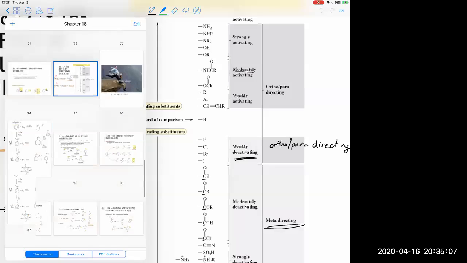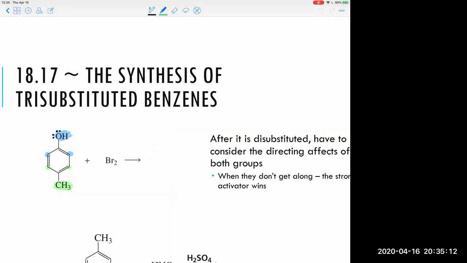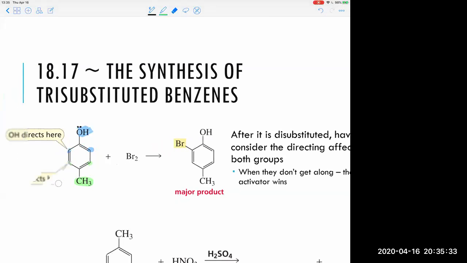So in our example here, the hydroxyl group is a strong activator, whereas our methyl group is a weak activator. So the hydroxyl group will win, and our major product will have substitution at that hydroxyl group's ortho position. All right, so again, we have a conflict between our two substituents, and the question is which one's going to win. Again, it's going to be whichever one's the stronger one.